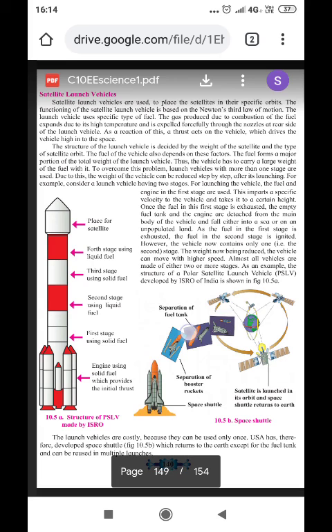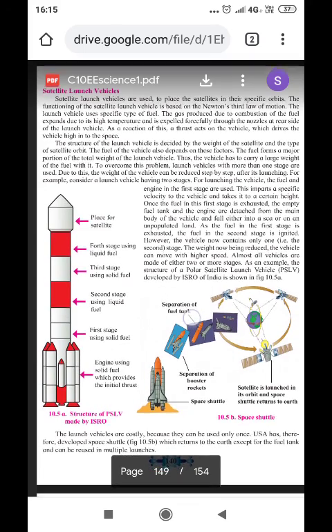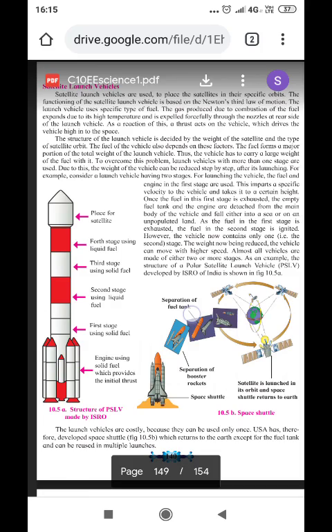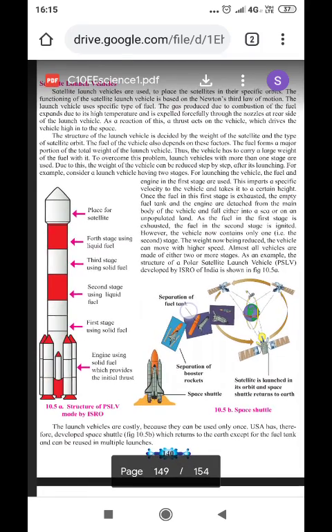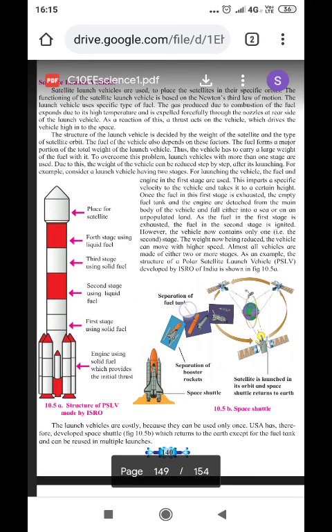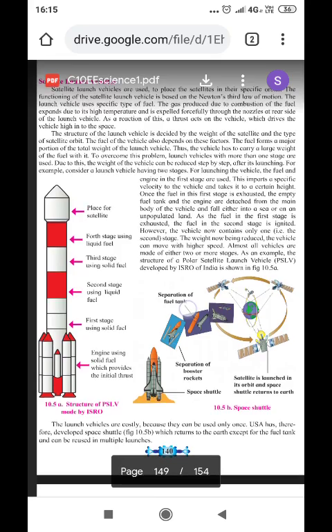The gas produced due to combustion of fuel expands due to its high temperature and is expelled forcefully through the nozzles at the rear side of the launch vehicle. As a reaction to this, thrust acts on the vehicle, which drives the vehicle high into space.